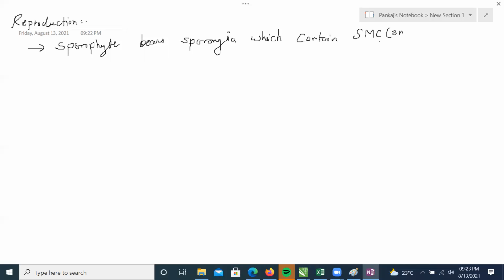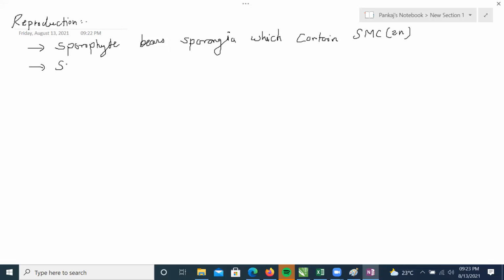So here, first of all, we need to understand that the sporophyte bears sporangia, right? Which contain spore mother cells. Obviously, it is diploid.